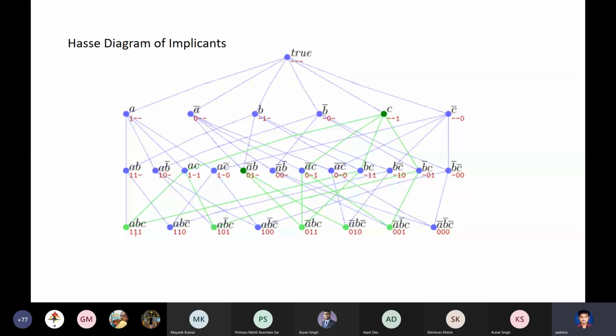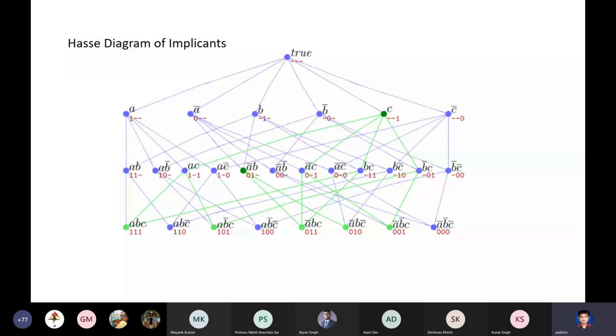What is the join between ABC and ABC bar? Applying the rule, we get AB. What I have written here is that I have eliminated the C variable. That's why, as a placeholder for the C variable, I have written this dash, or a don't care, you can call it.